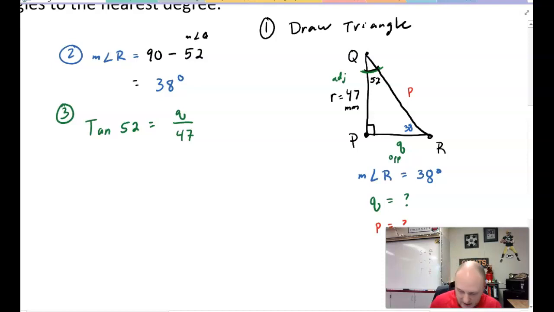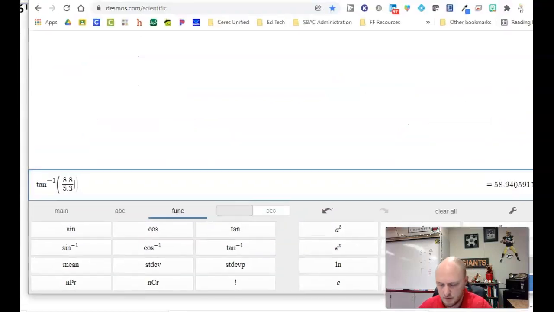Okay? Now, if I want to go ahead and solve, I'll multiply both sides by 47. And we get Q is equal to 47 tangent of 52. Okay, and we'll plug this in with our calculator.